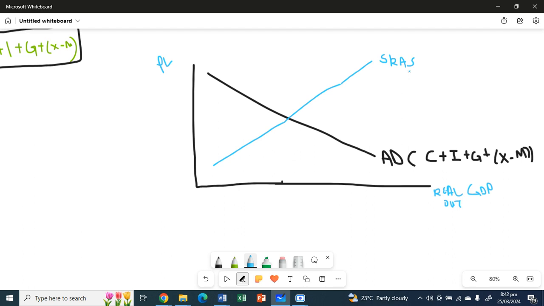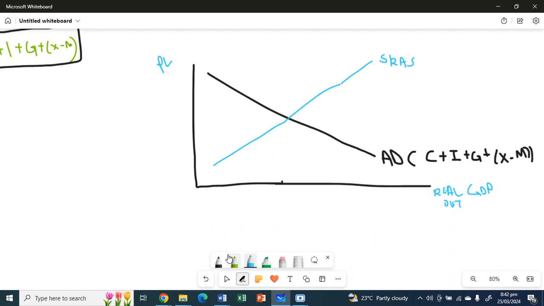You cannot, because you've got a contract with them. You can't just go there and say, I need a salary increment. That would be impossible. So in the short run, wages are fixed.